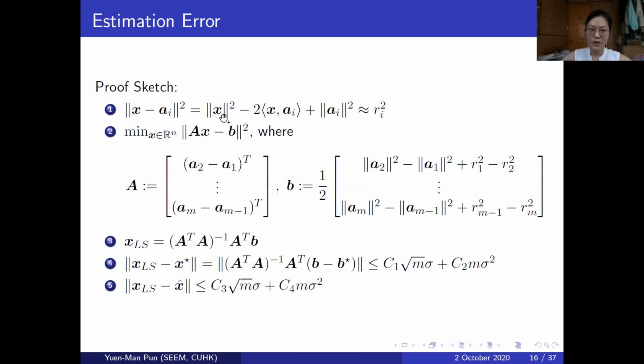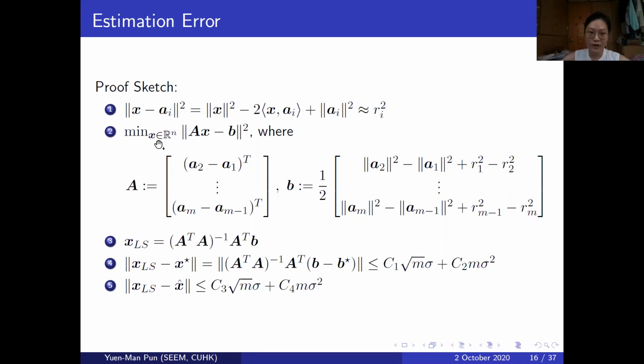Of course, we can expand this in this way. Each equation has the squared term of x star, but using the i plus 1 equation, we can cancel them by subtracting the two equations.